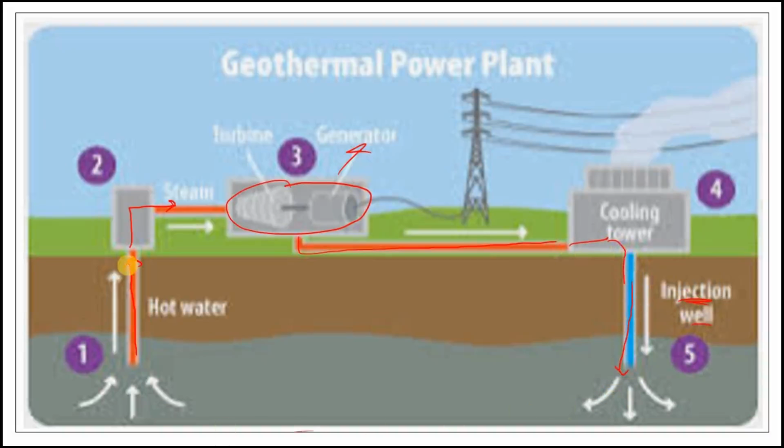So hot groundwater gives energy, cools down, and cool water is sent back underground. And because it is in contact with the lava rocks at the bottom, this cool water will heat up again, and this whole thing will go on, and we can get energy 24/7, 365 days a year.